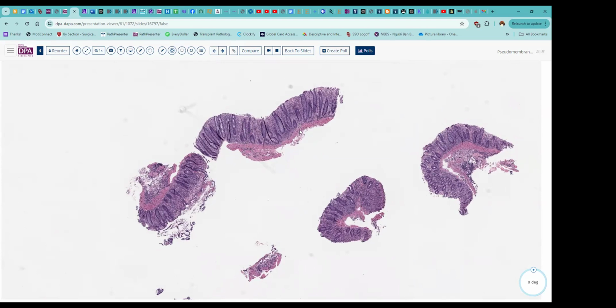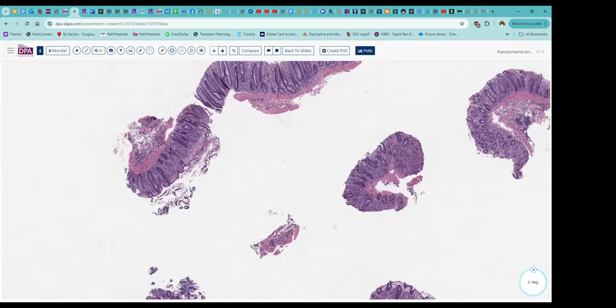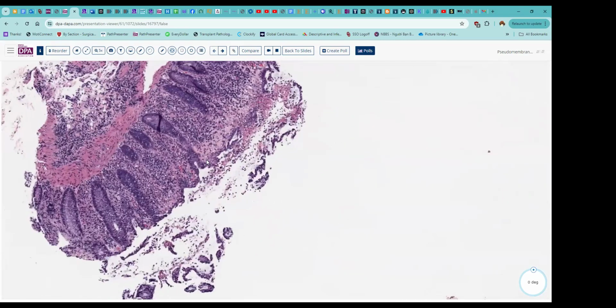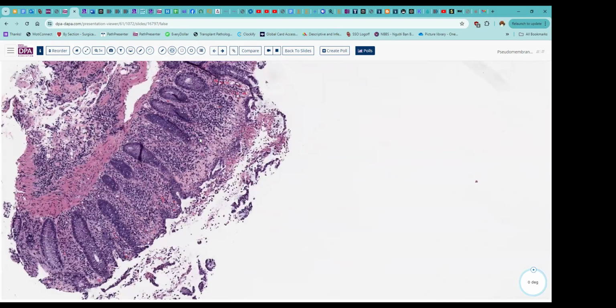Also note that we have generally parallel glands and crypts. There's not really any distortion or destruction, but it looks like we may have some surface loss or erosion. And maybe even over here, we have a degree of sort of eruptive inflammation.